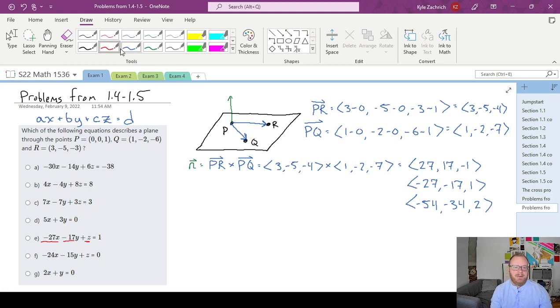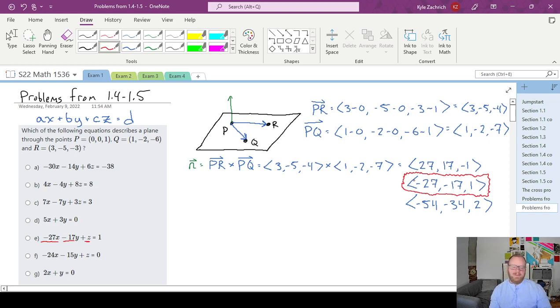So a couple points of caution here. You should definitely be looking out for any scalar, any parallel vectors, right? Definitely looking for any scalars of your normal vector that you find in this equation here, right? Because you might get something different. Another thing to look out for is just because you find your normal vector here, that doesn't mean that you found the correct answer here. So in this case, you've got the numbers 27, 17, and negative 1.